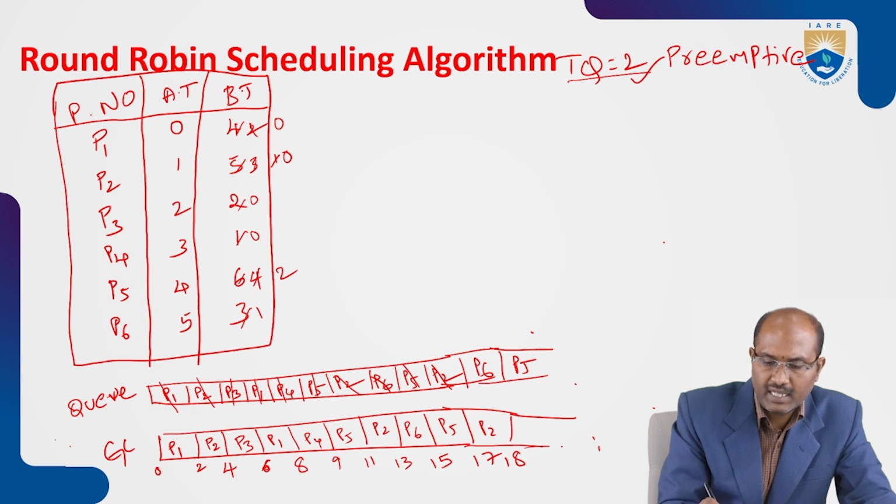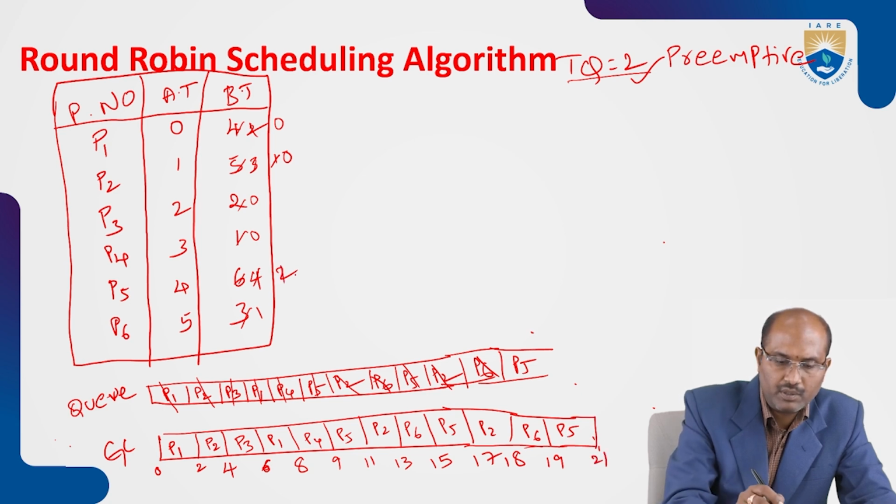Then P6 enters and executes 1 unit of time, that is 19. So P6 completed. Then P5 enters and executes 2 units of time, that is 21. So P5 also becomes 0.